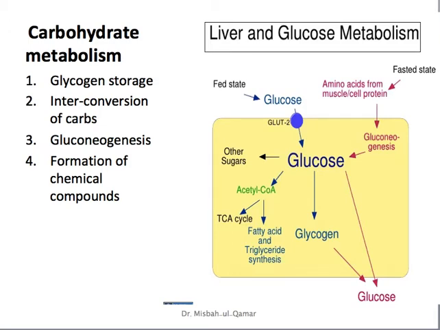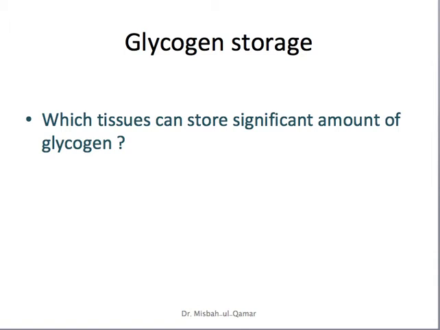Here is the role of liver in carbohydrate metabolism. Storage of large amounts of glycogen takes place. Most of the glucose absorbed from a meal is stored as glycogen in liver. When the glycogen storage is exceeded, glucose is stored as fat in liver or adipose tissue.